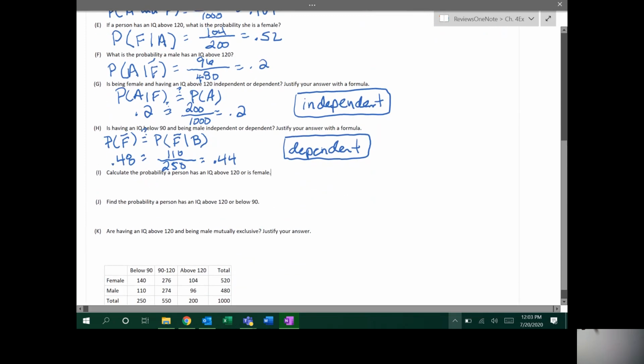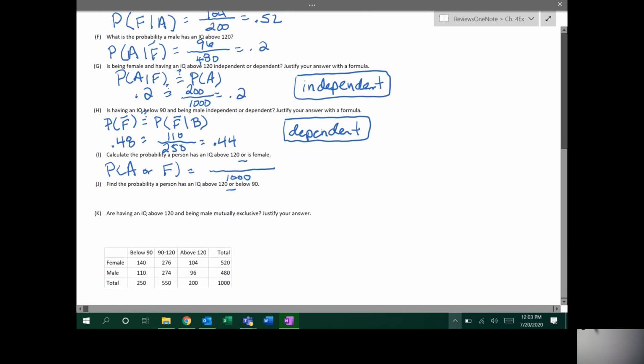Two more probability questions. Both of these, you'll notice, have the word or. We're going to use the addition principle. One of the things that's nice about a contingency table is we know that we're going to have a common denominator. And I've re-put the table at the bottom. I knew we'd run out of room.